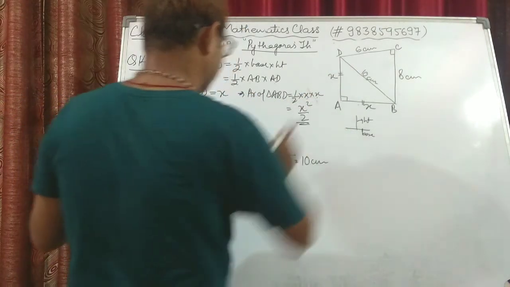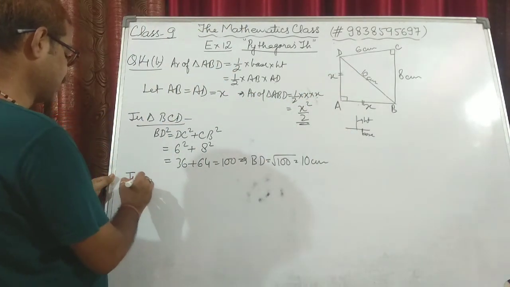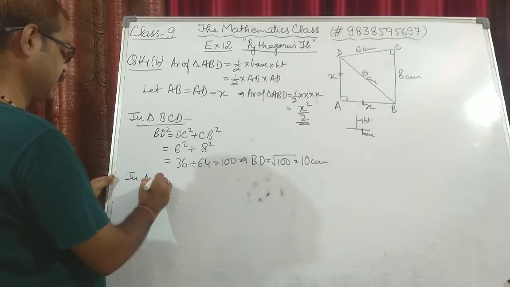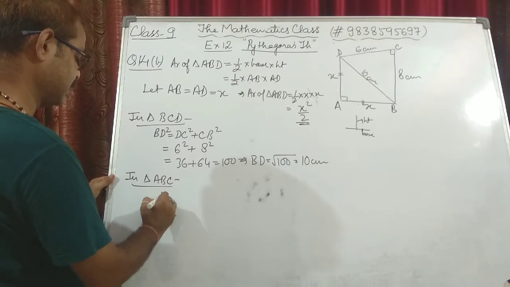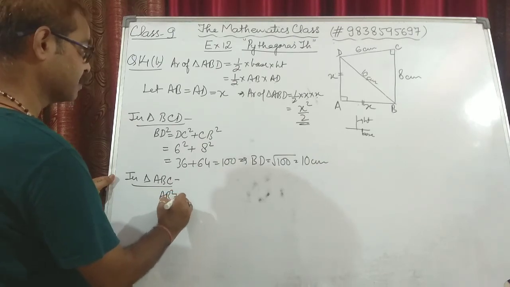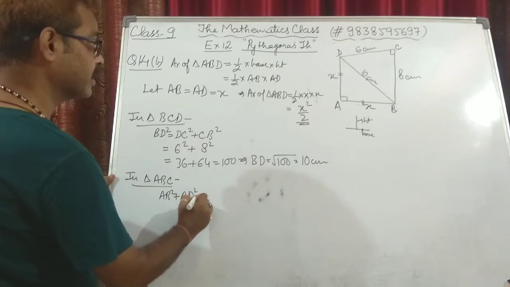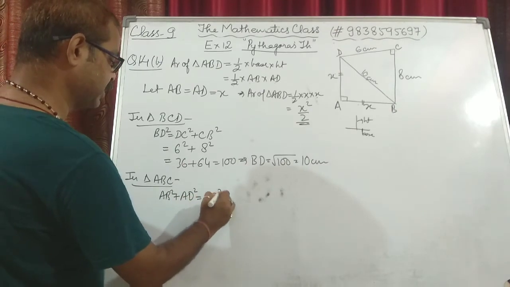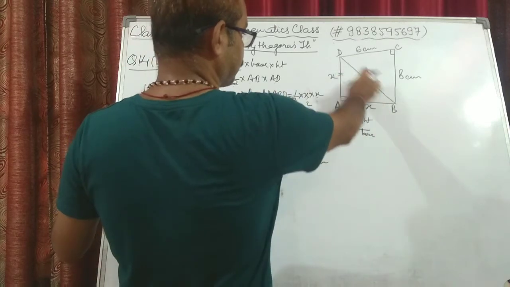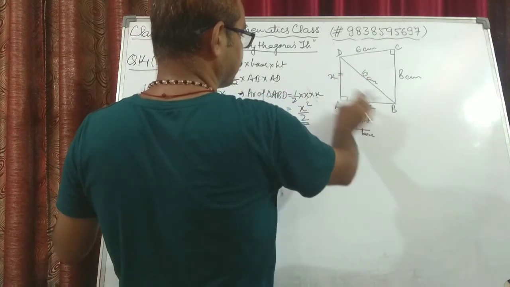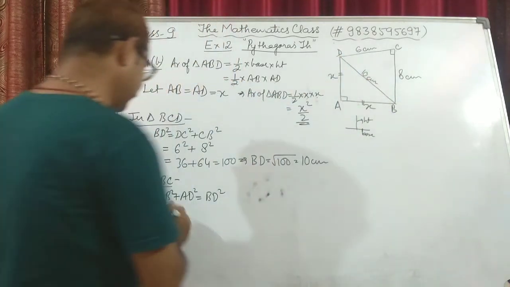Now in triangle ABD, what can we say? We can say AB square plus AD square is equal to BD square. Again, according to Pythagoras theorem, hypotenuse square is equal to the sum of the squares of the other two sides. So AB square plus AD square.